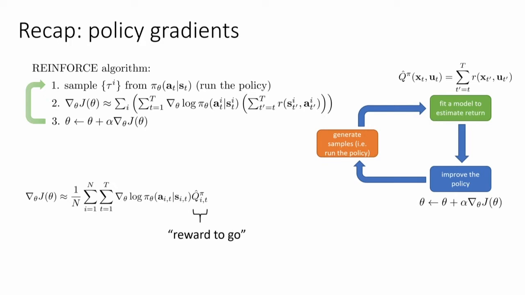And the q hat can be calculated in a variety of different ways. You could simply sum together the rewards like we did in the first policy gradient lecture, so that's what we're doing up here. Or you could use some function approximation like we did in the actor-critic algorithms. So there are a variety of different ways to estimate this q hat to give you an estimate of the reward to go after taking action a_i,t in state s_i,t. Okay, so that's the recap of policy gradient.